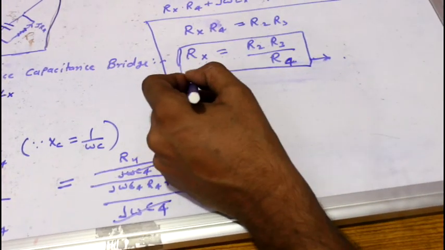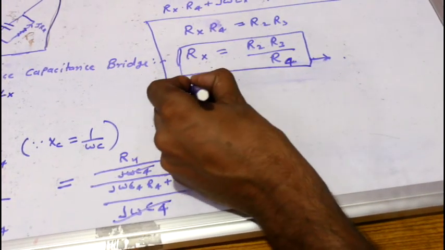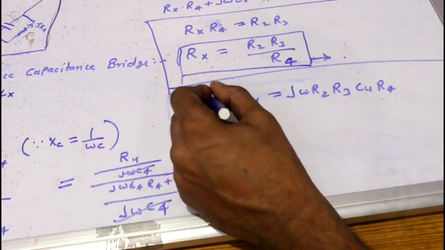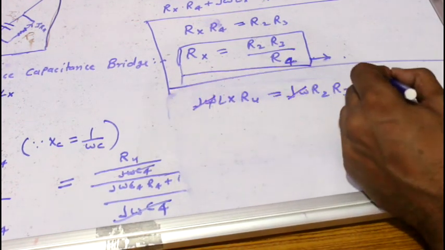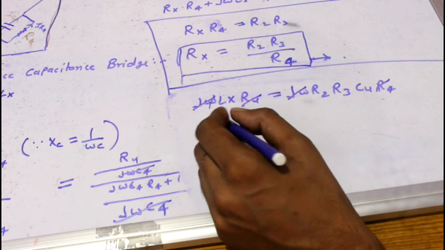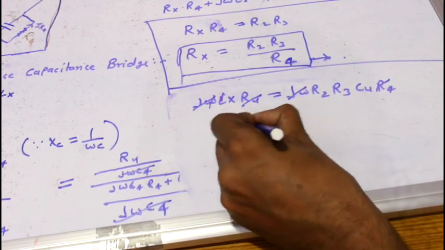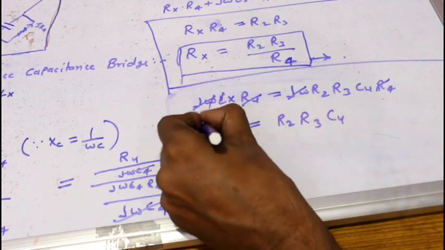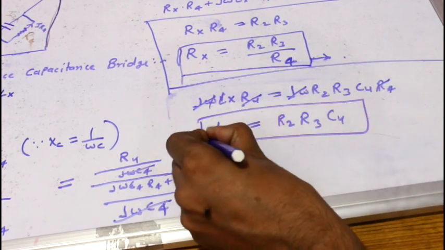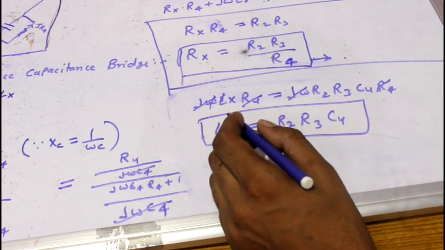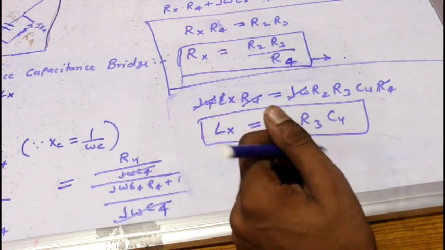Now we evaluate the imaginary part. So j omega and R4 cancel each other. So Lx is equal to R2 R3 C4. This is the value of unknown inductance in terms of capacitance.